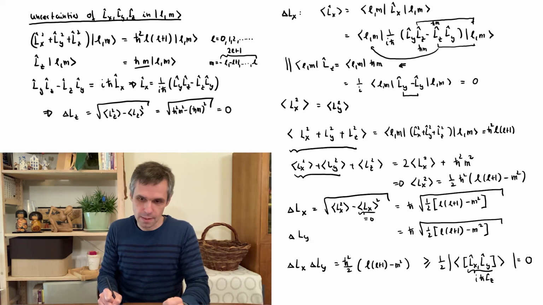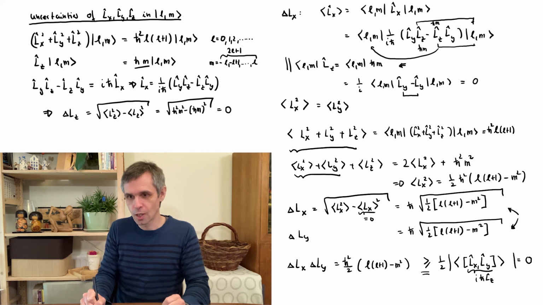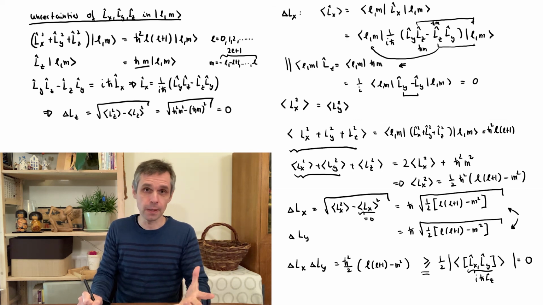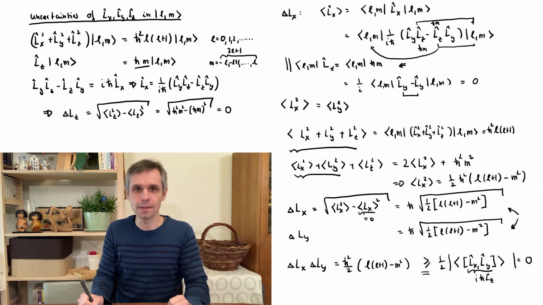So in this case, this uncertainty principle itself is maybe not so informative, but these particular values of these uncertainties certainly are very informative. So in the states where we know everything about the total angular momentum and the z component, we have uncertainties in the other two components.